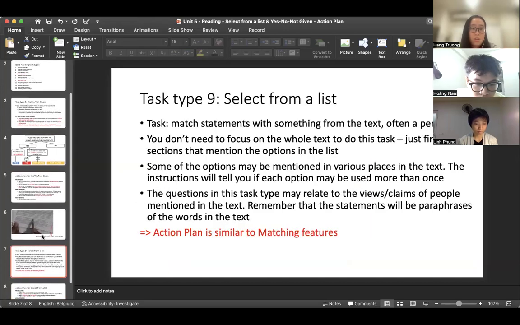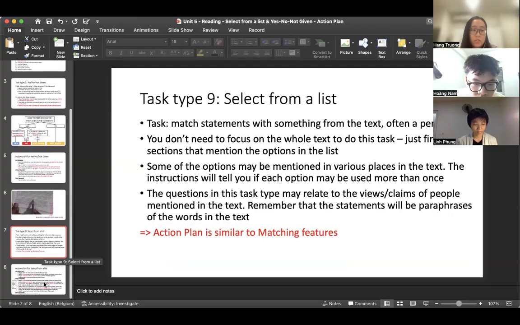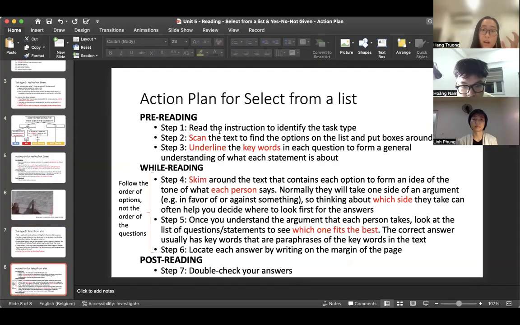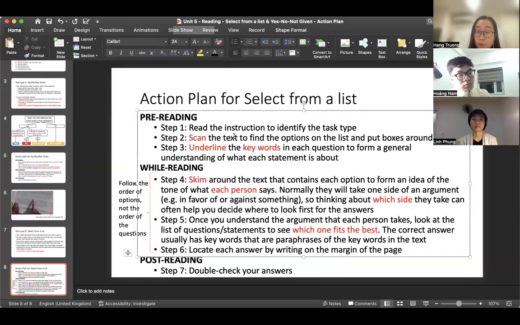Okay, I emphasize again, you don't need to focus on the whole text to finish this task. Just focus on the parts that mention the options in the list. So that's step 2. Okay, step 1, read the instructions so you know what task type this is. Step 2, do the thing that you just did, right?